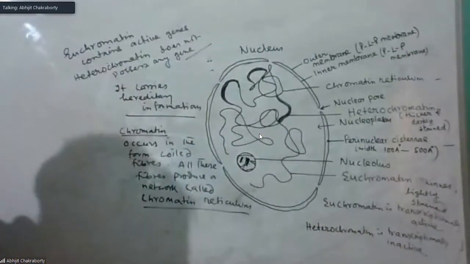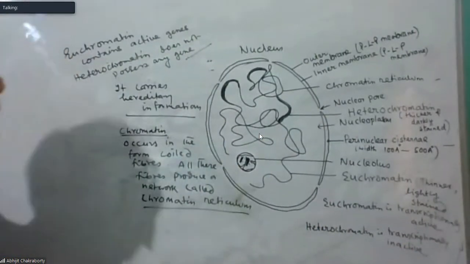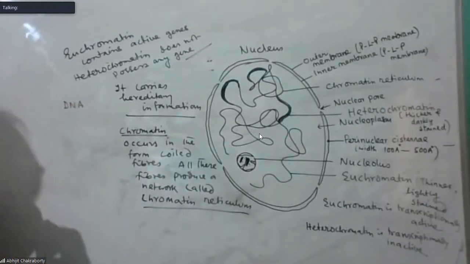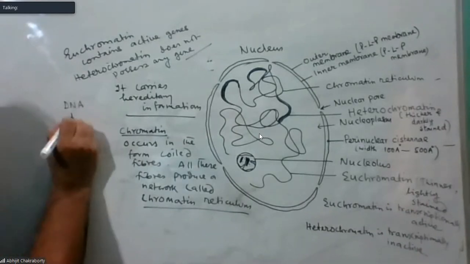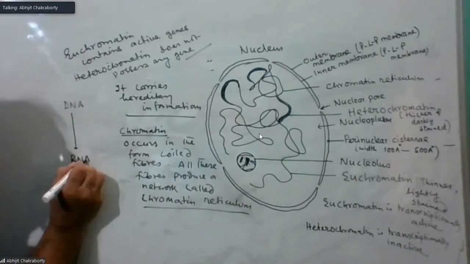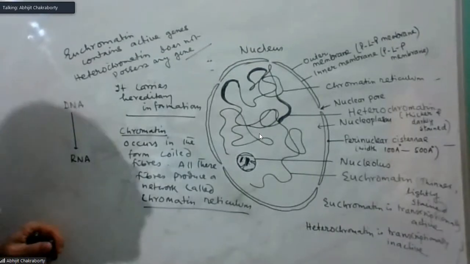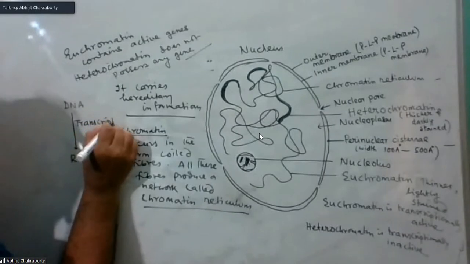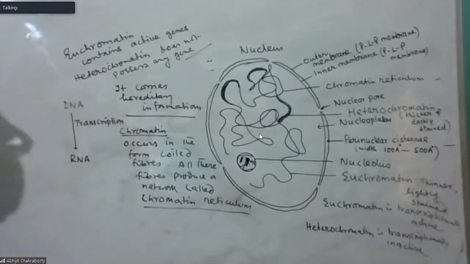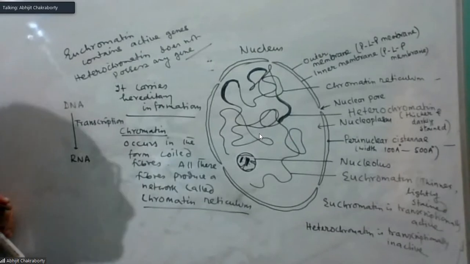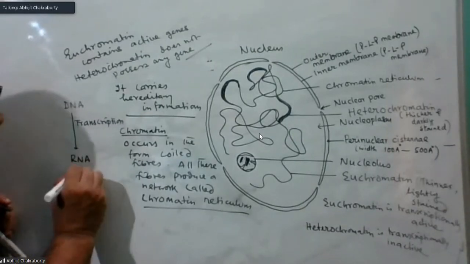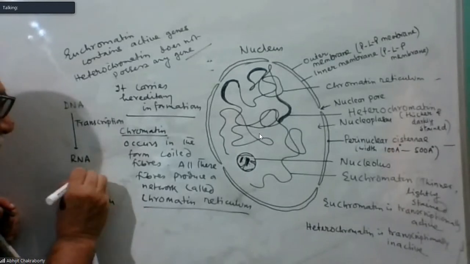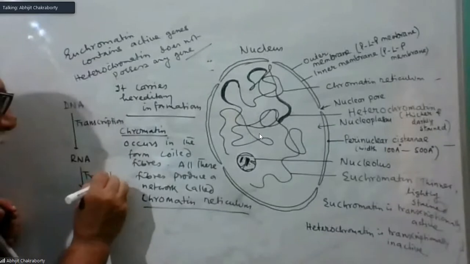What is the meaning of this? From DNA, RNA is formed, and this process is called transcription. And then from RNA, protein is formed, which is called translation.